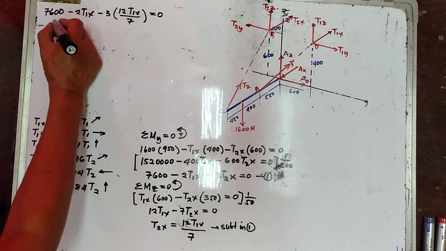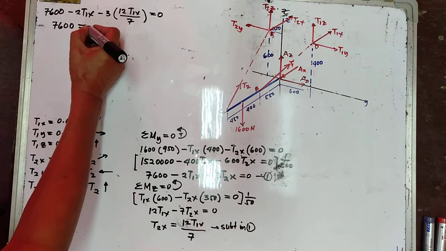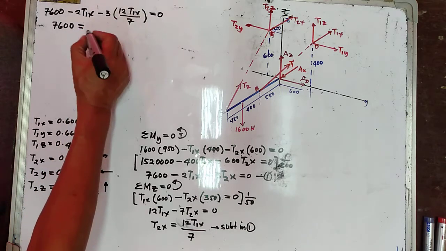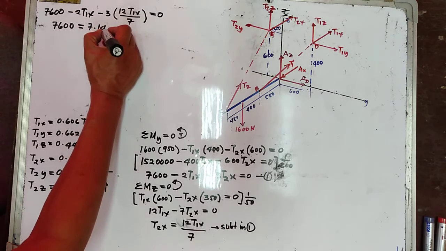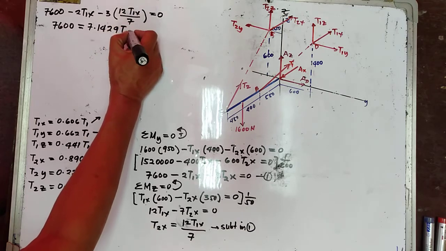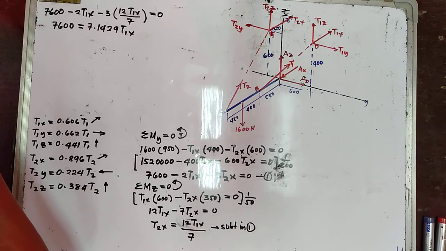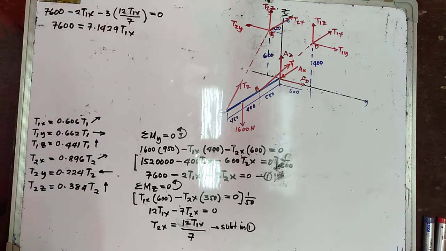So we have 7600 is now equal to 7.1429 T1X, since 3 times 12 over 7 plus 2 is 7.1429.